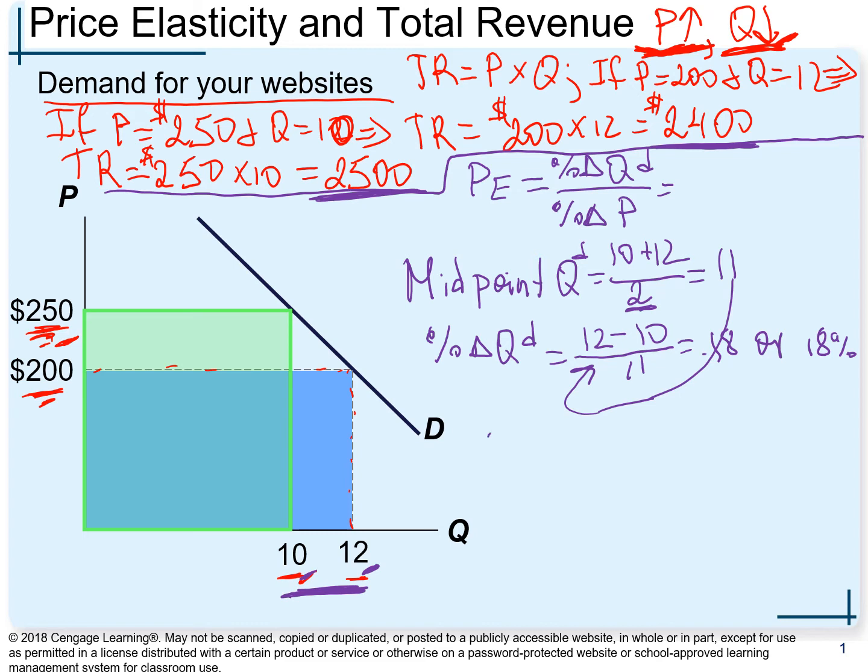Guys, I'm going to write this down, midpoint for price. We already know this from the previous video, but I'm still going to do the calculation. So midpoint price is equal to 250 plus 200 divided by 2, and it's going to be 225.